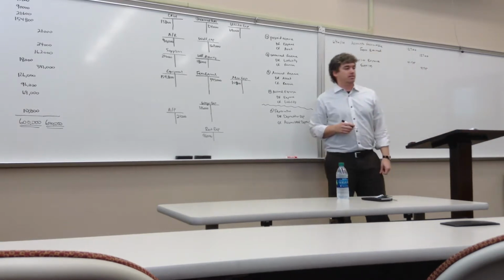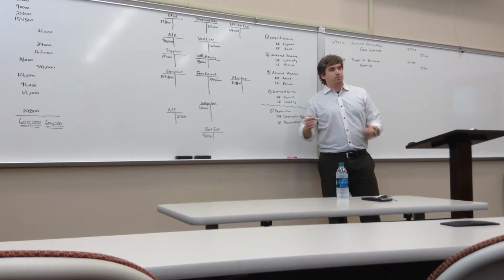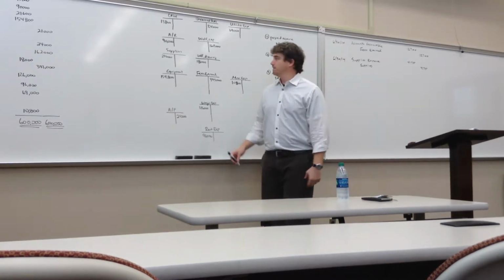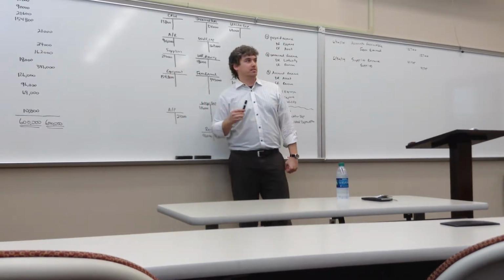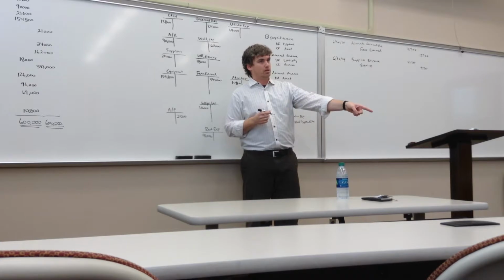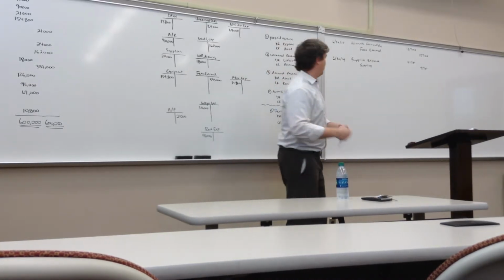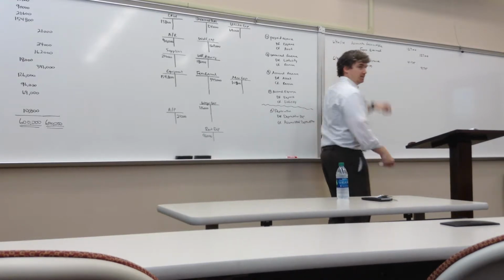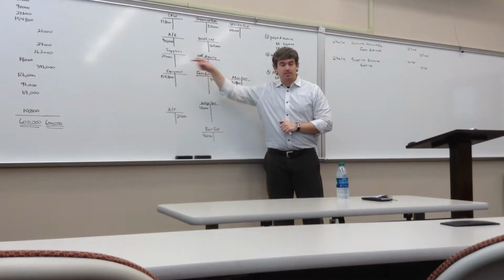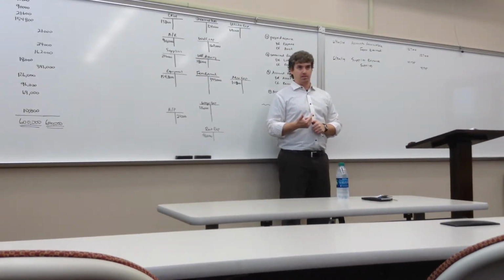It's $4,175, which means I don't have $21,600. I have $4,175. So I've got to do this entry to get this balance down to $4,175.